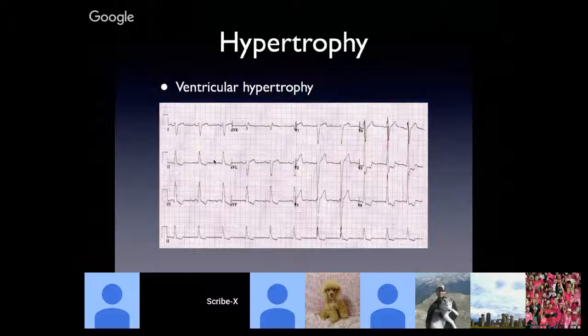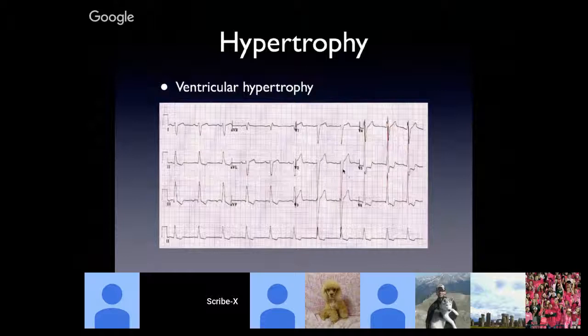And there are various criteria for ventricular hypertrophy, but a quick and dirty way of calculating left ventricular hypertrophy is take the height of the QRS complex in V5, add it to V2.